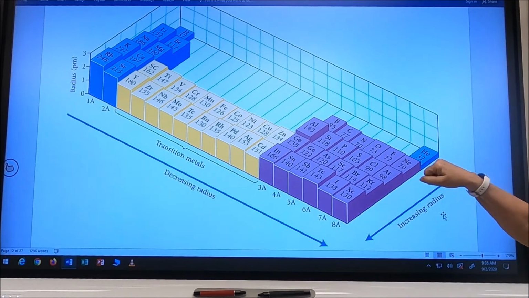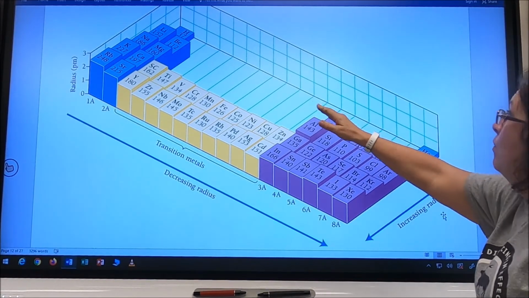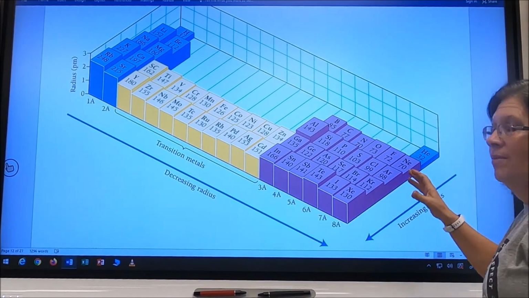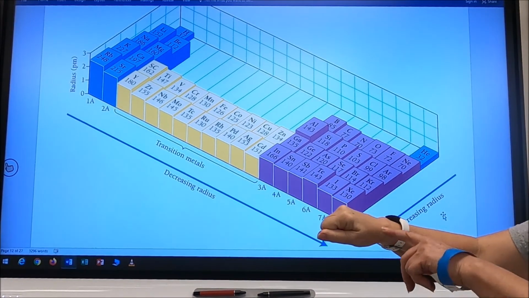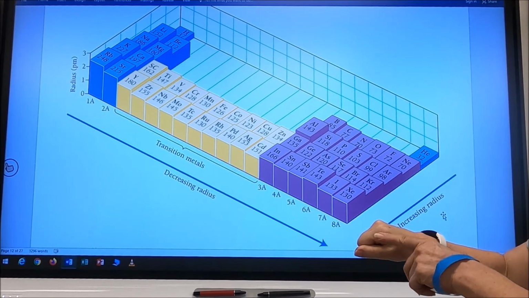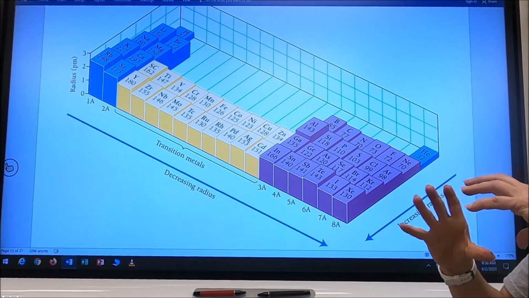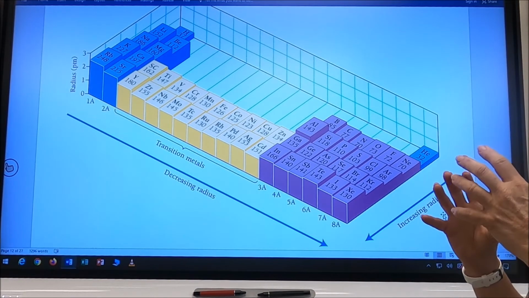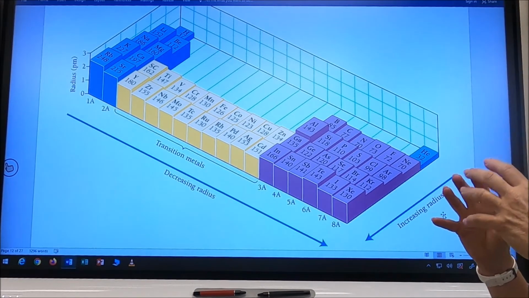The nucleus is getting bigger as we go from lithium to beryllium to boron to carbon to nitrogen. So the charge in the nucleus is getting bigger. And the electrons we're putting in are all going into the same shell. Because they're all going into the same shell, there is less shielding.